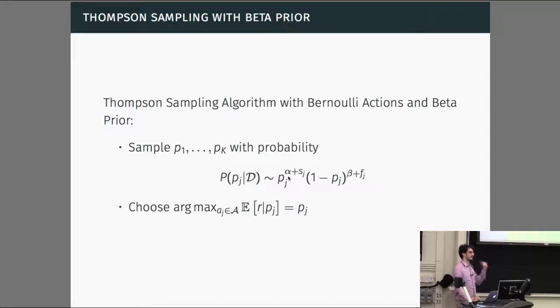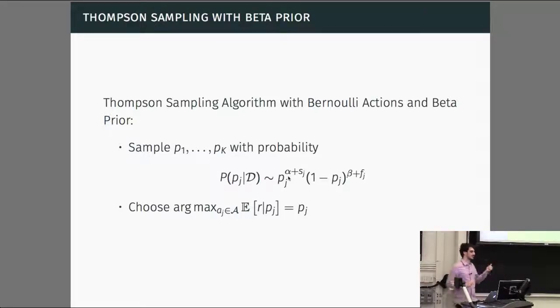Now we get one success, so we have alpha plus 101 and beta 100 for this action. Then you have to divide by the sum of all of those. Let's say we just have two actions, and alpha and beta are very large.